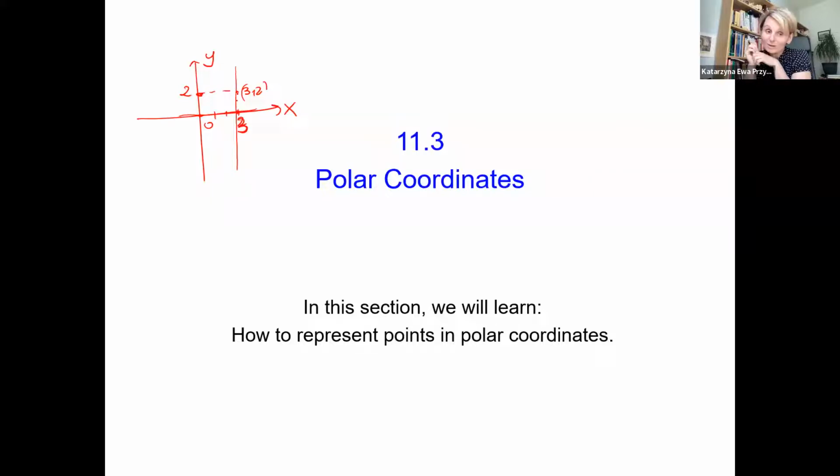But the polar coordinates are a little bit different. We do have some, not similarity, but we can make some connection, which we will, of course, do. We will connect Cartesian, X, Y, and we will connect the polar.